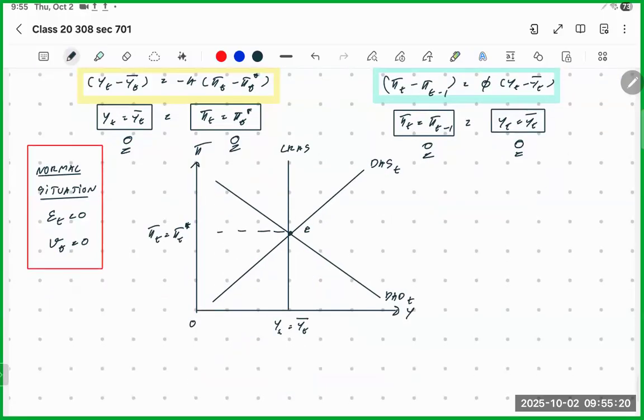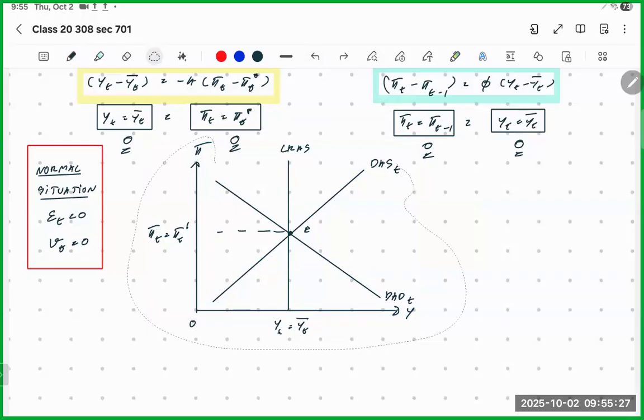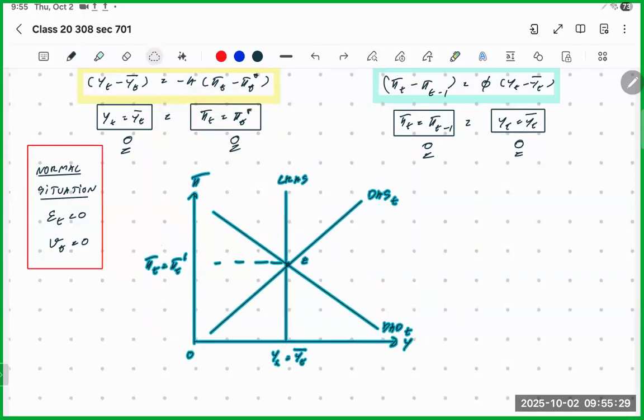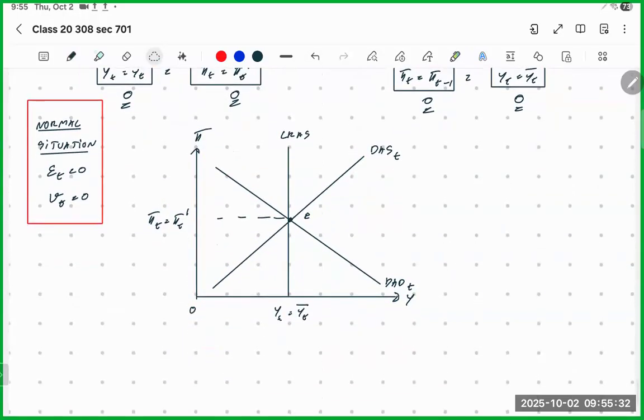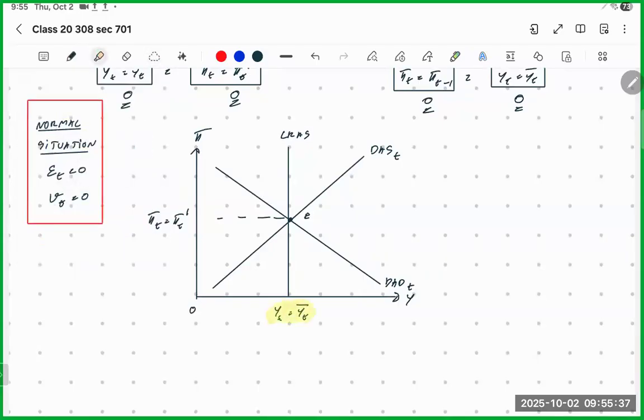So the meaning of this graph is that GDP is good, right? YT equals YT bar, which means GDP is okay, not too high, not too low. Normal situation.